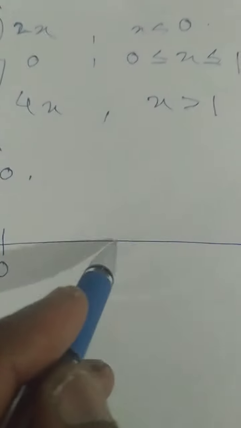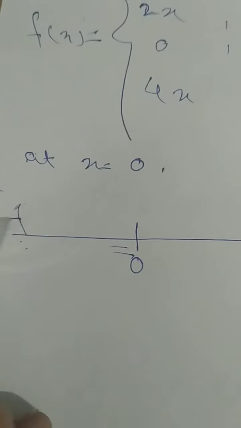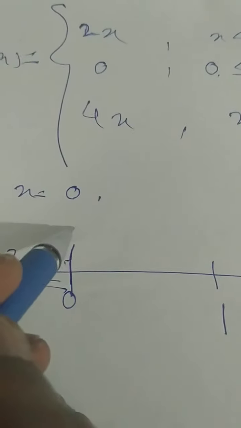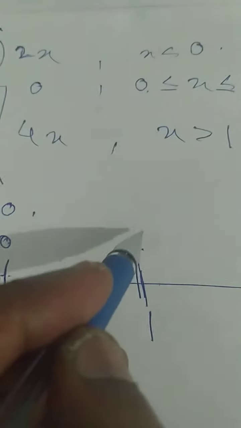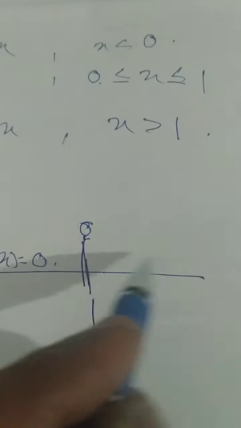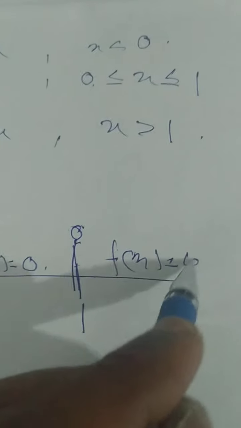Now remember, just draw a real line. What are the points? 0 and 1. So this is 0, this is 1. For the values less than 0, the function is defined by 2x. Exactly at x is equal to 0, it is defined by 0, and in this range also f of x is equal to 0, and for x greater than 1, it is defined by 4x.